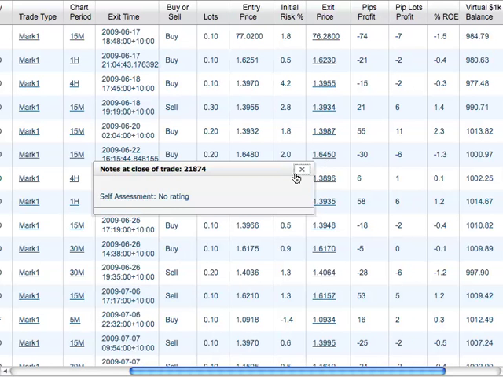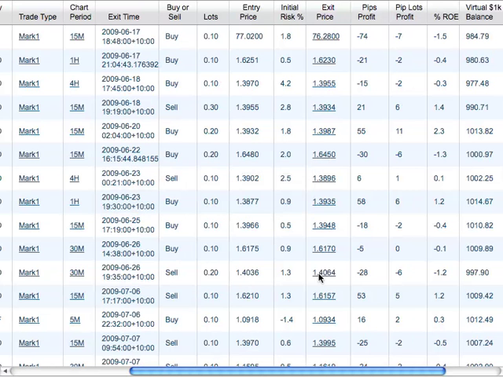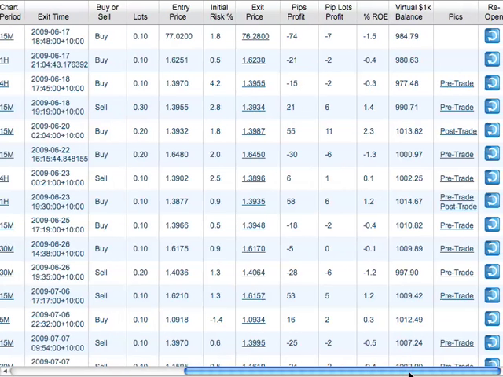We can click on those to see what our self-assessment rating was. Then how many pips profit we made, how many pip lots profit, our percentage return on each trade, and if we took some screenshots during the trade, we can also display those.